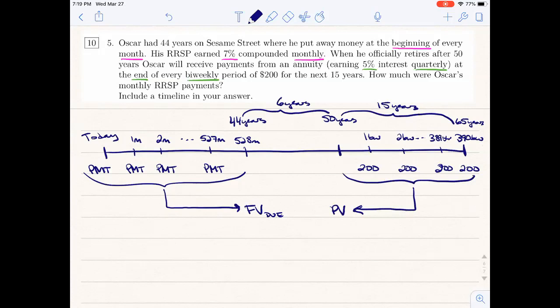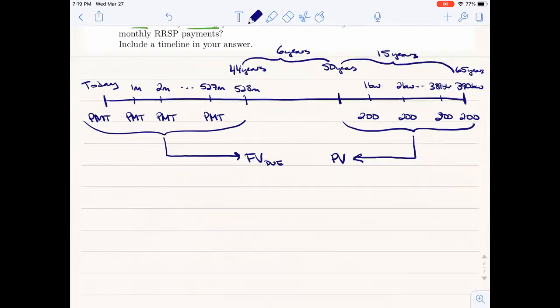And so from here, this present value from the payments that we're getting is going to turn into some future value, which can be mapped back to some present value, which is going to be equal to the future value due.